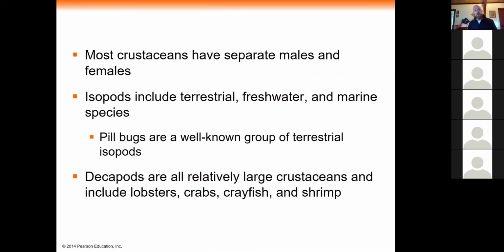They actually have gills and they need to remain in a moist environment, but they don't need to be underwater. We also have crabs that are terrestrial as well. There's land crabs, coconut crabs, all kinds of crabs that live primarily on land. So isopods aren't the only group that have species that are terrestrial and aquatic. Crabs and other things do as well.